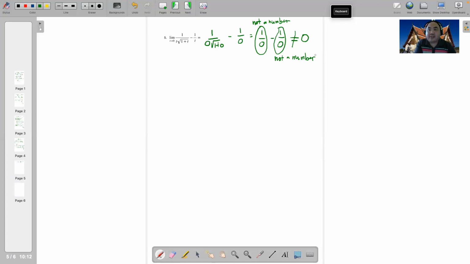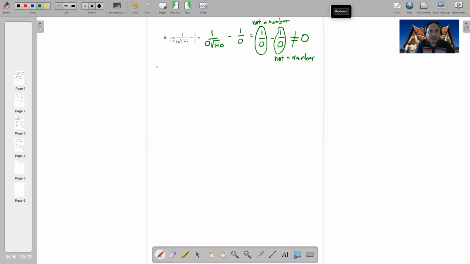So this is not an indeterminate form, it's just that this substitution will result in a meaningless operation. So what do we do? Let's try to find an alternative function. How do we do that?